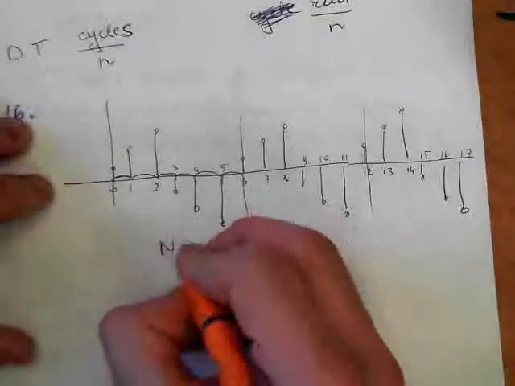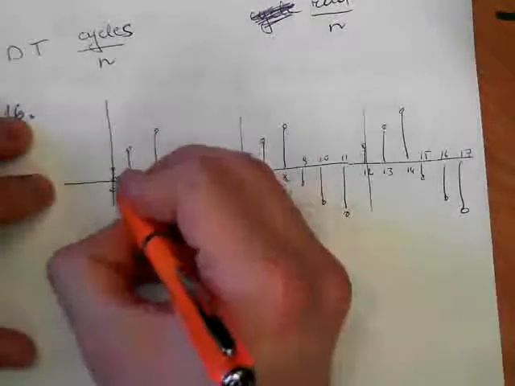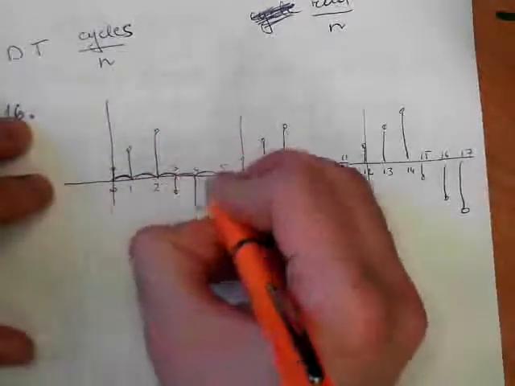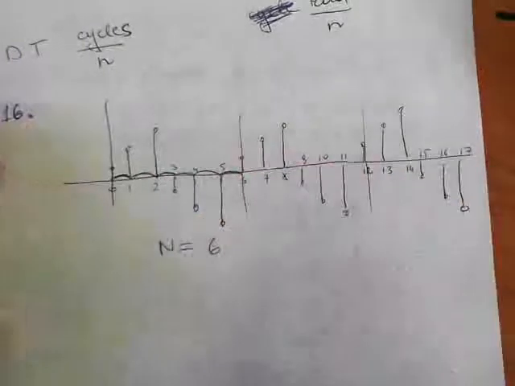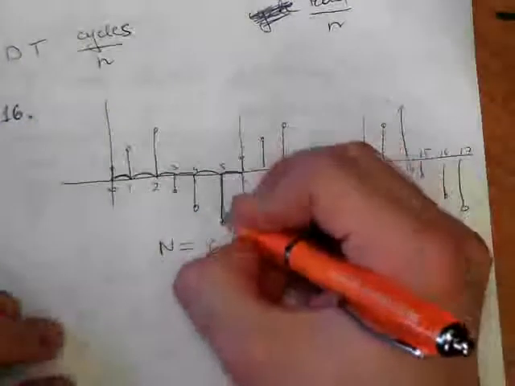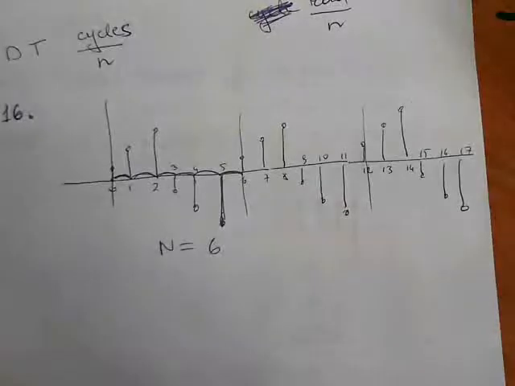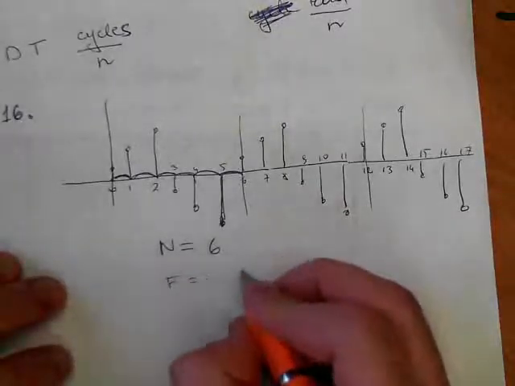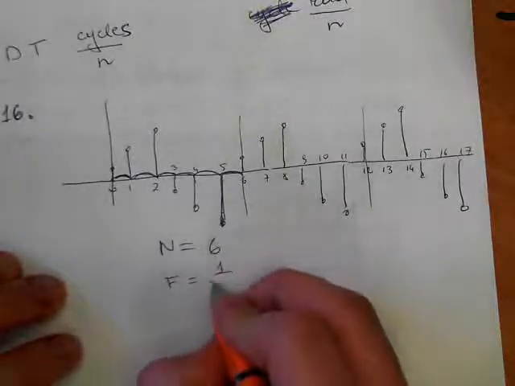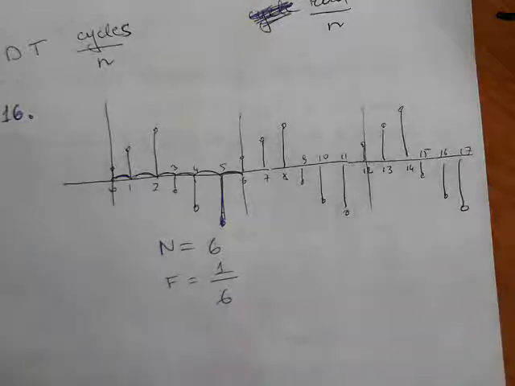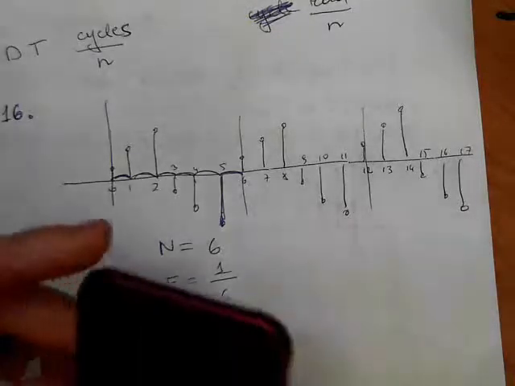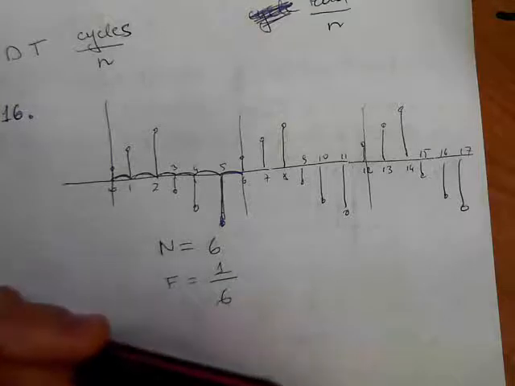So this n is 6, although the signal finishes at 5. F is 1 divided by 6.